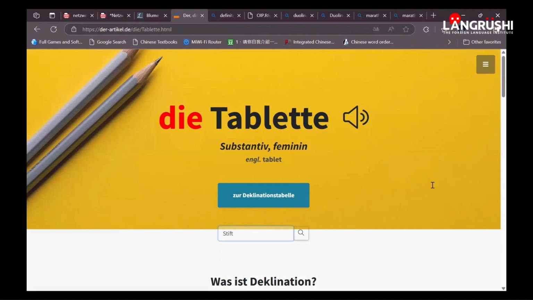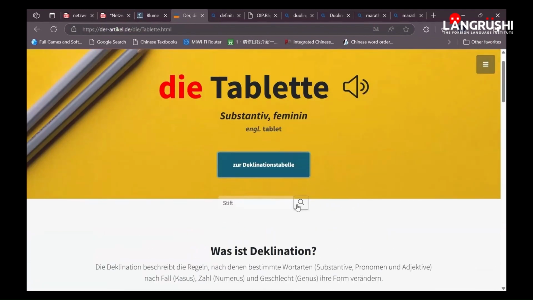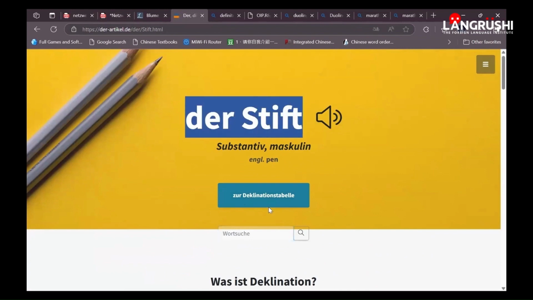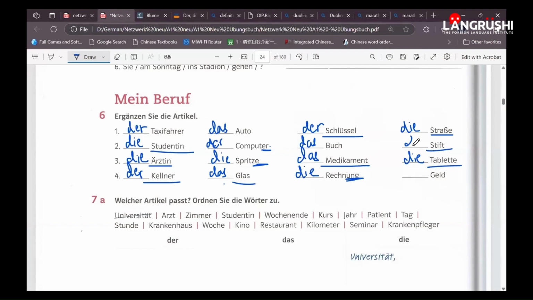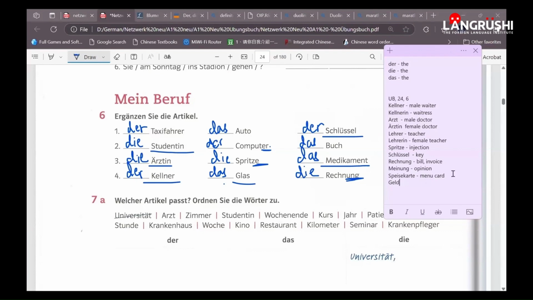Der. Correct. Pen. Der Stift, pen. Okay, der Stift. And the last one, Geld. Das Geld. Coins. Das Geld, yeah. Geld is money. So we have Geld, money.